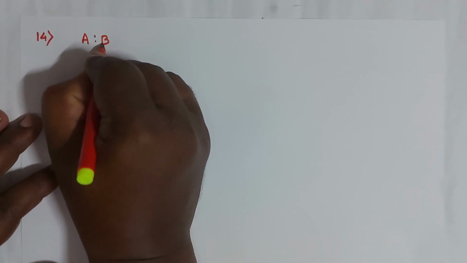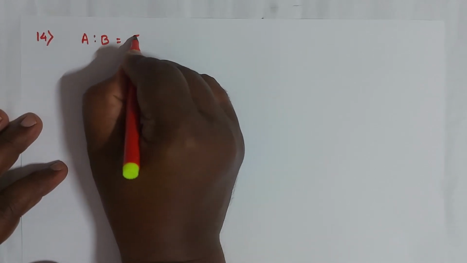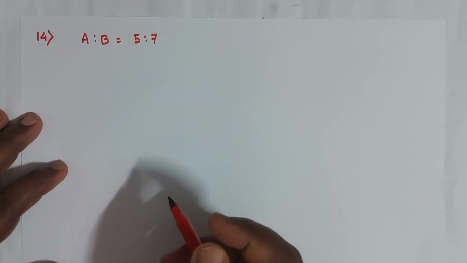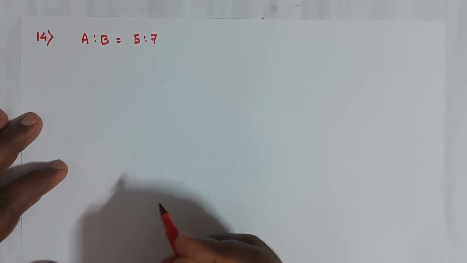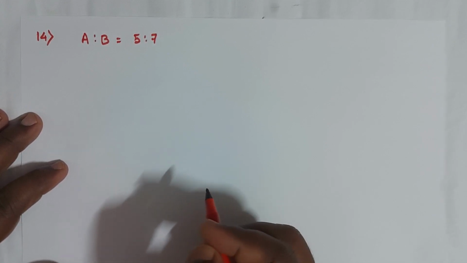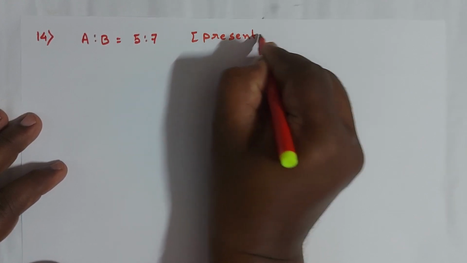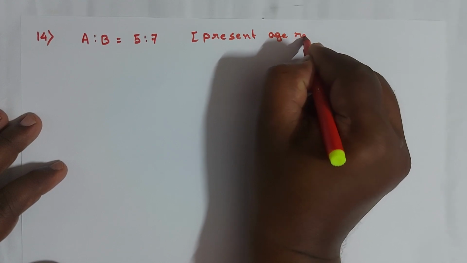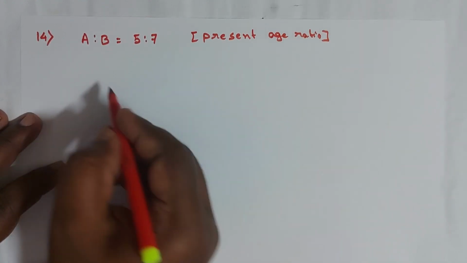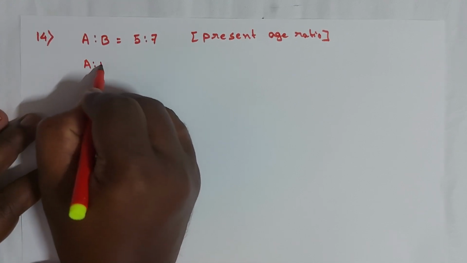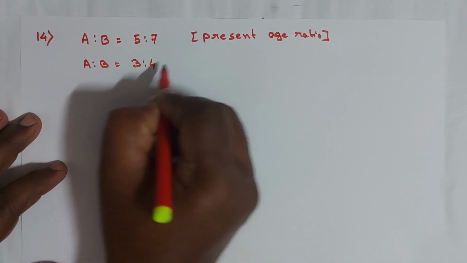Okay, so the age ratio A is to B equals 5 is to 7. This is the present age ratio. Then, 4 years from now, A is to B equals 3 is to 4.